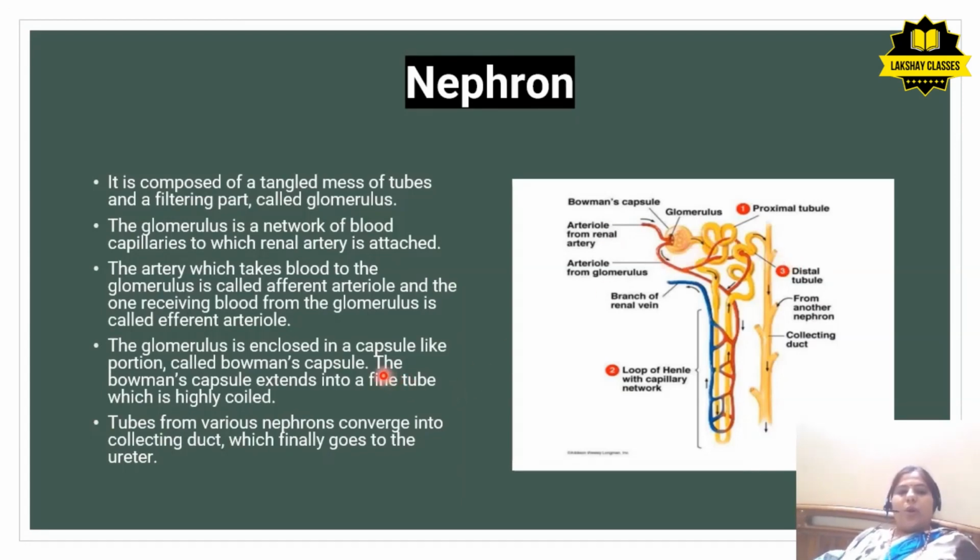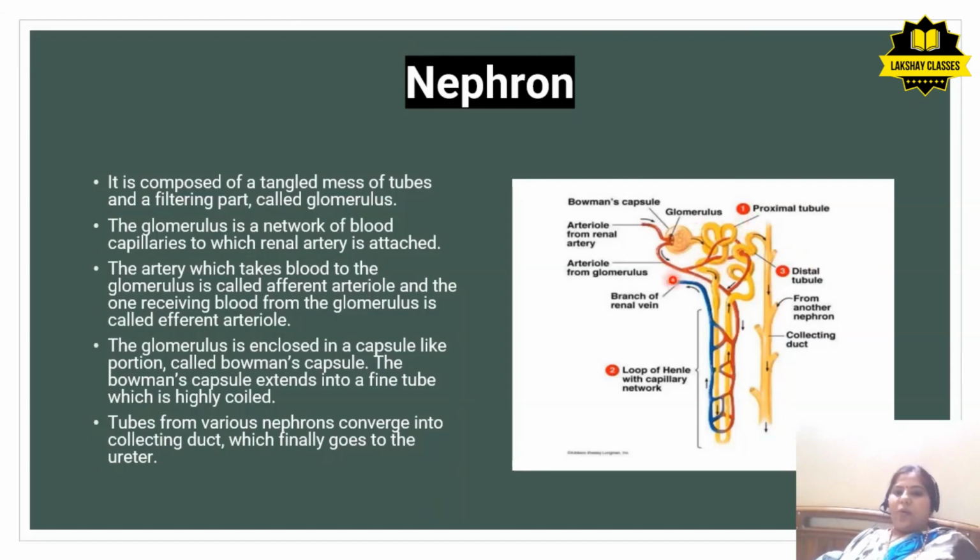So the glomerulus is enclosed in a capsule-like portion called Bowman's capsule, or Bowman's cup. You can see the Bowman's capsule extends into a fine tube which is highly coiled.